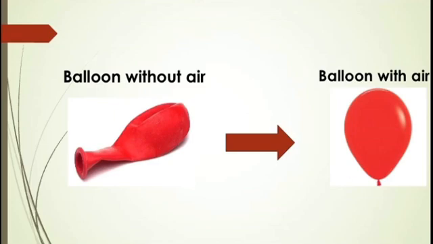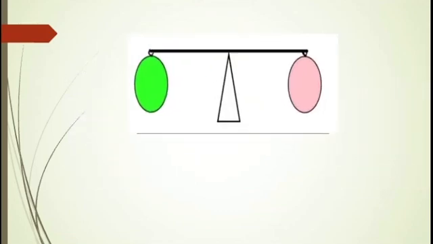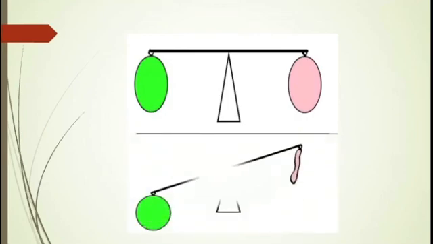Now let us see if air has some weight. First of all, you need to check whether both sides are equal or not. It is equal, right? Yes. Once you prick one balloon, the rod bends towards the filled balloon, right?